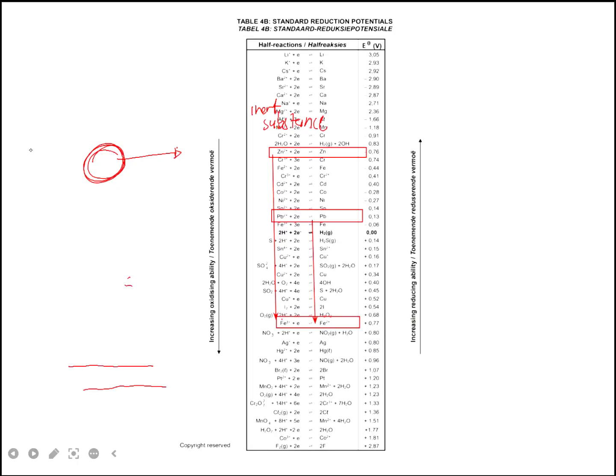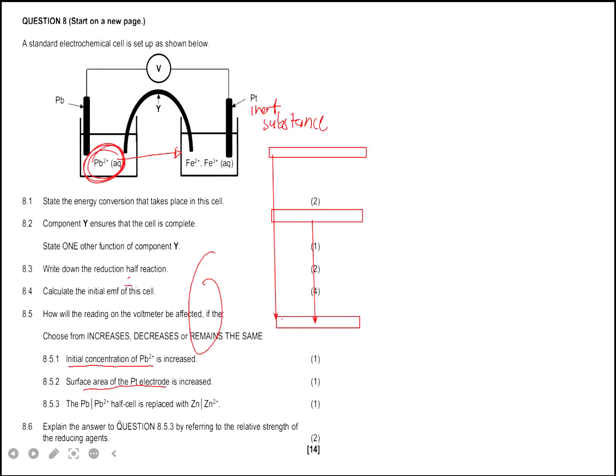So going back to this, we are now going to say, as we can see here, this is about comparing the strength of the oxidizing agents, no, the reducing agents.